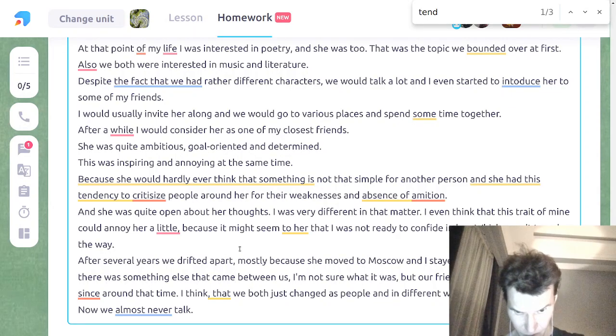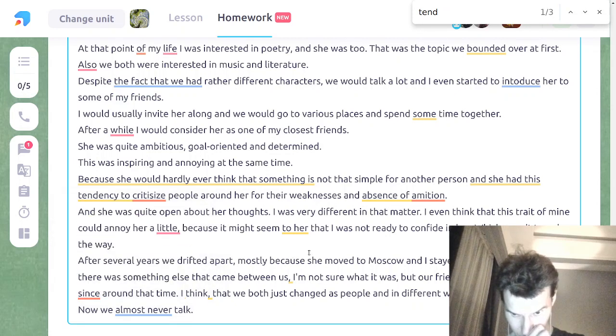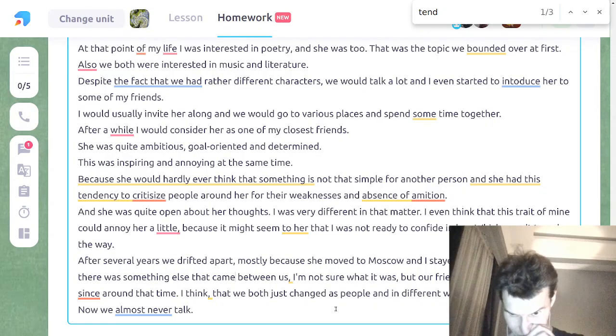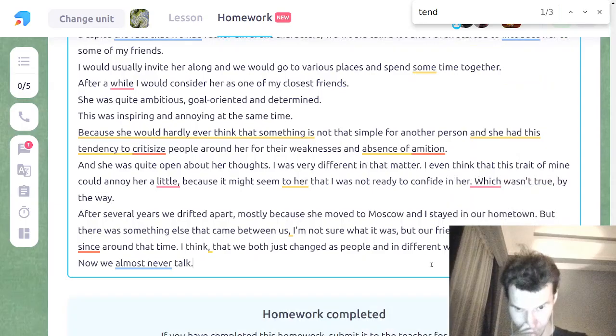Yes. Hmm. Don't use since. Okay. Seldom, rarely. But I wanted to use never, so never.